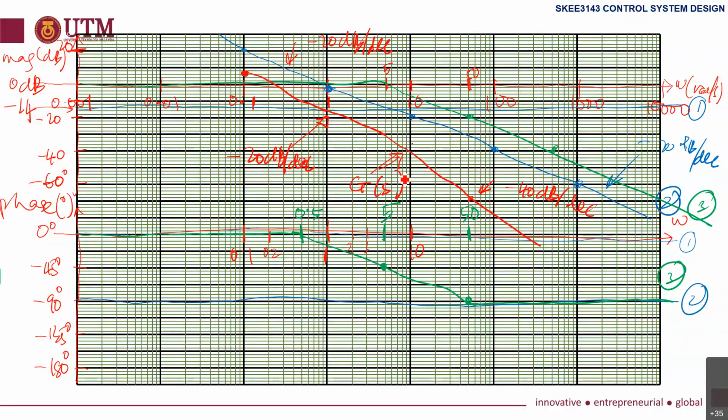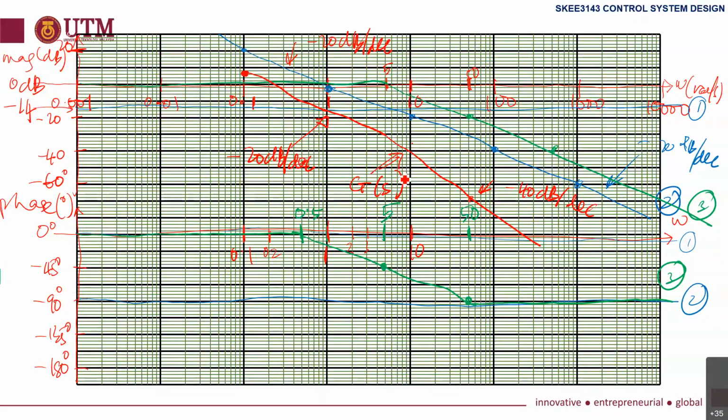That is important. Although you will not be asked to draw this, you have to know the slope and how to draw the slope. Because in designing a controller, we need to know the slope, minus 20, minus 40, and so on.